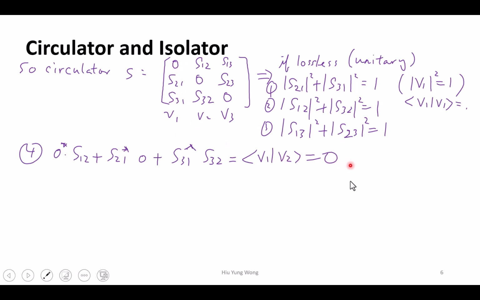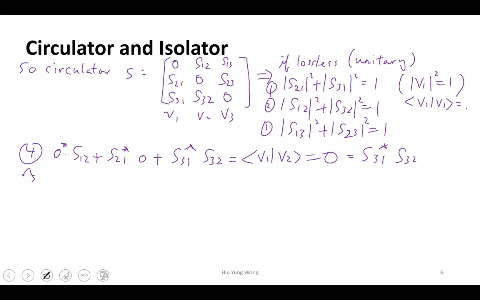They need to be 0 because it is unitary. I assume it is lossless. Do you see this? Any questions? So this one tells me that S31 star S32 equals 0.